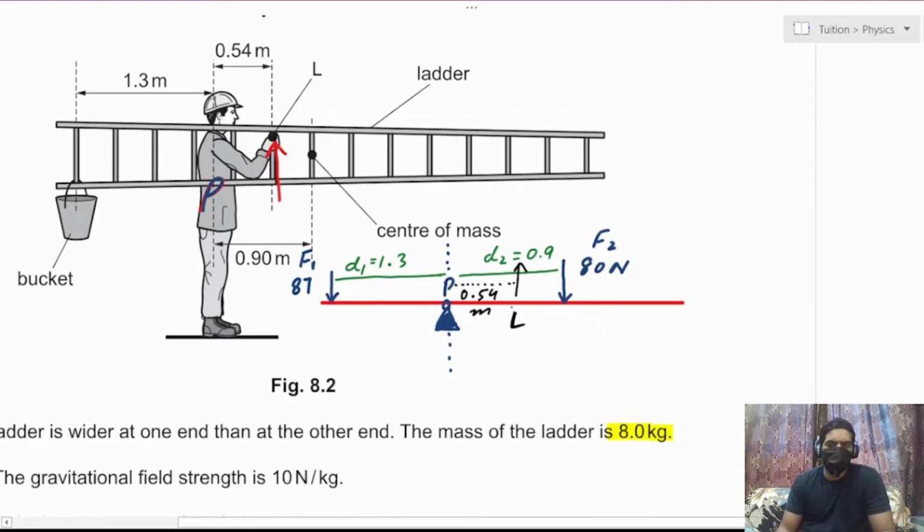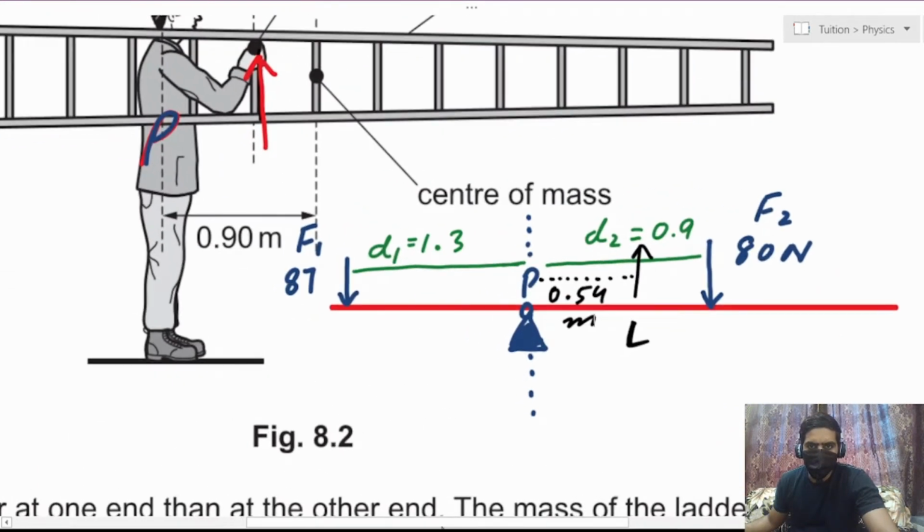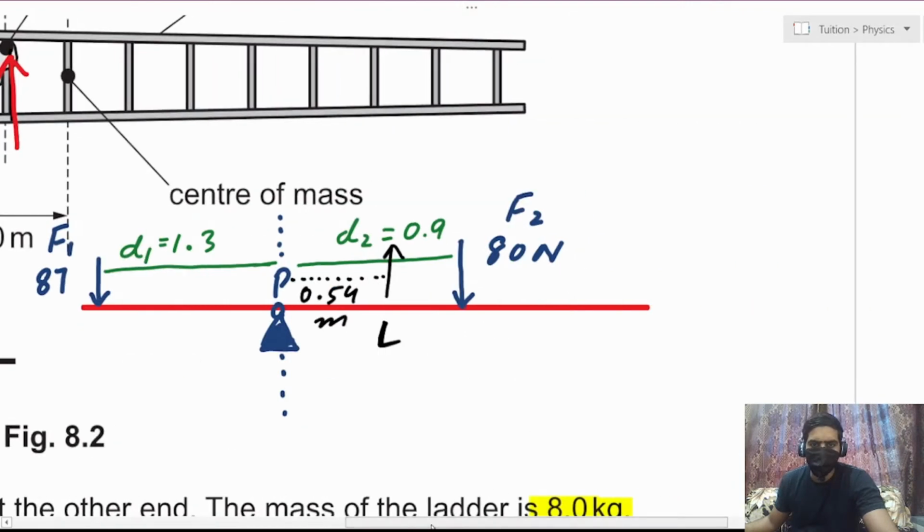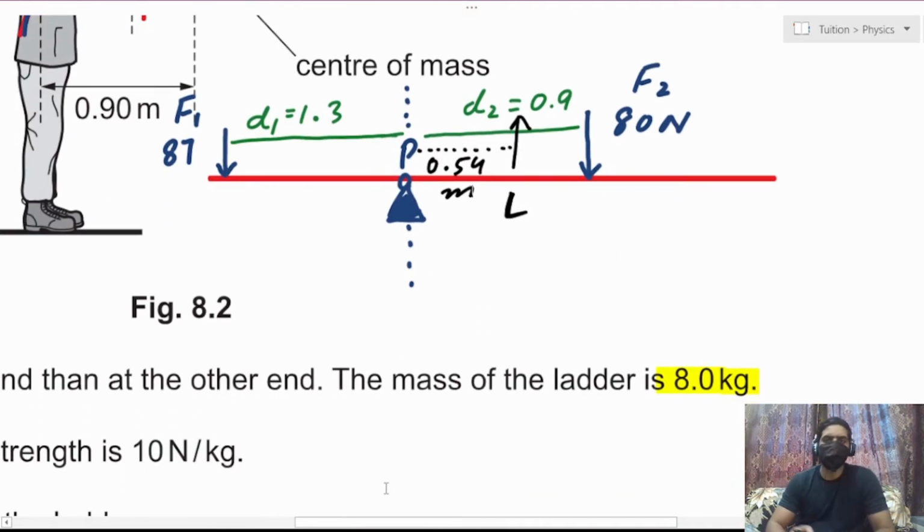All right, the thing with the direction of the force, we have just assumed, just by looking at the picture, that this force has to be upward. So you just calculate the magnitude of force with whatever direction you have assumed, then you check your answer.